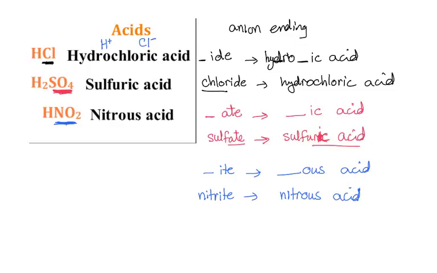If I'm doing sulfuric acid, ic acid means it started with "ate," so sulfate is SO4 2-. It's an acid, so it has H+. So I have +1 and -2, so I would need 2 hydrogens, so it'd be H2SO4. Nitrous acid, "ous," means that it started with "ite," so nitrite is NO2-. Acid means that it has H+, so to make that neutral, I'd need 1 of each, so HNO2.